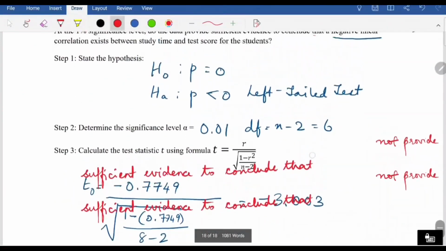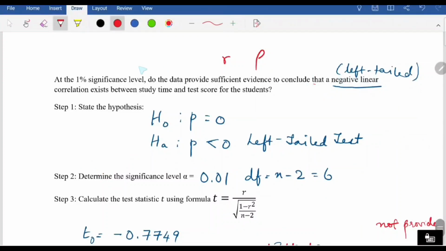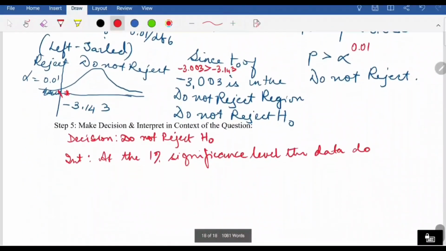Just use the wording from the question. To conclude that a negative linear correlation exists between study time and test score for the students.